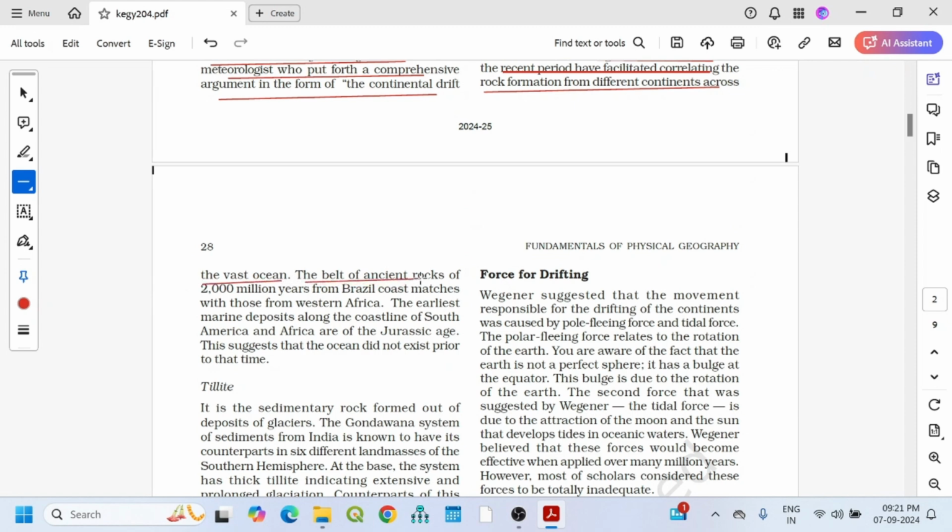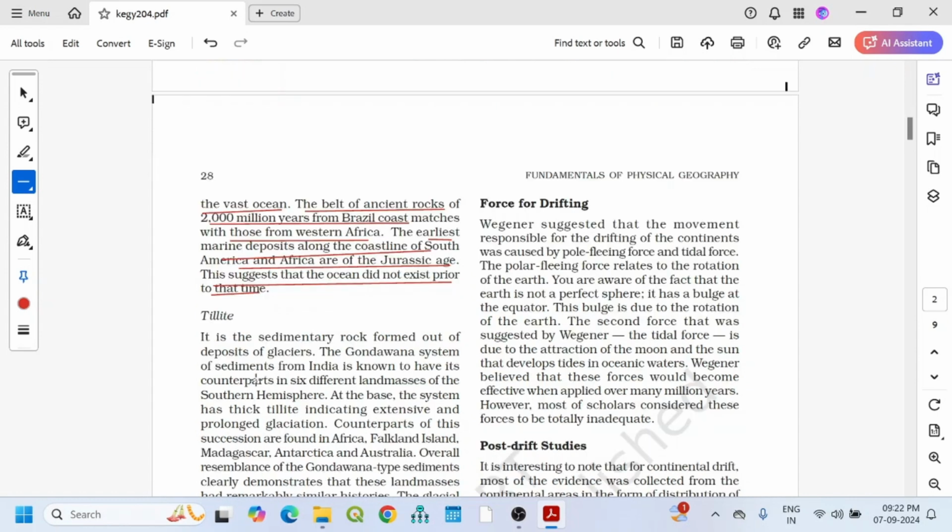The belt of ancient rocks of 2000 million years from the Brazil coast matches with those from Western Africa. The earliest marine deposits along the coastline of South America and Africa are of the Jurassic Age. This suggests that the ocean did not exist prior to that time.